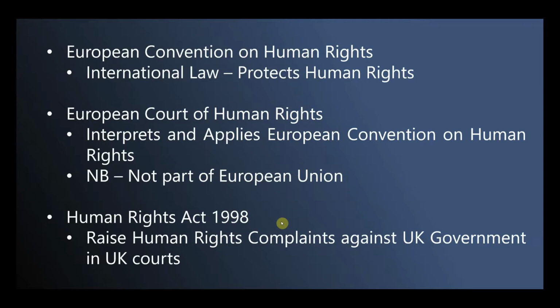Now, the Convention is interpreted and applied by a court called the European Court of Human Rights, and people take human rights cases to the European Court of Human Rights, and it passes judgments on alleged violations. Now, many people mistakenly believe that the European Court of Human Rights is part of the European Union, but it's not, so make sure you don't make that mistake in your exams.